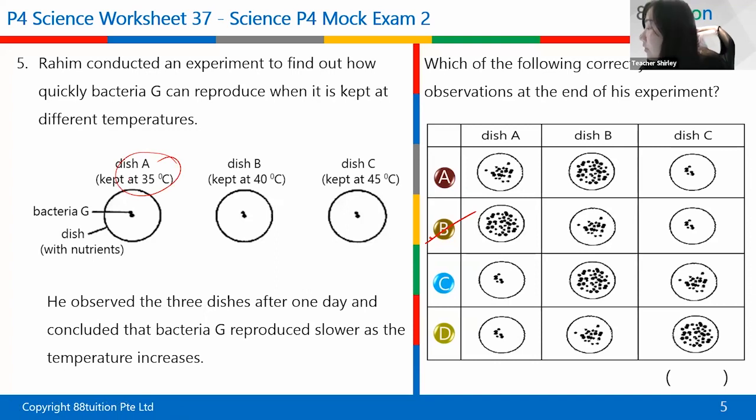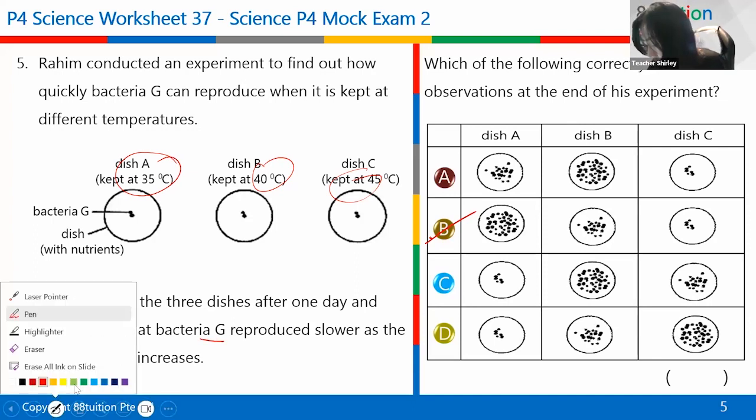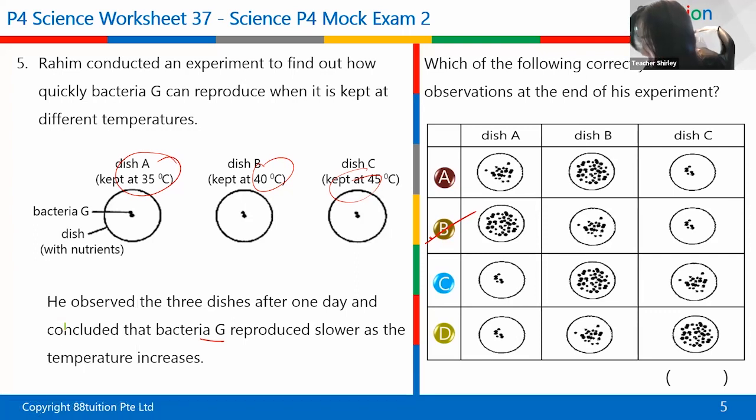Okay, 35 degrees, 40, 45. So if you know that G over here tells you something, right? It tells you that bacteria G is slower as the temperature increases. So in this case, of course, bacteria G will be decreasing in terms of the culture.